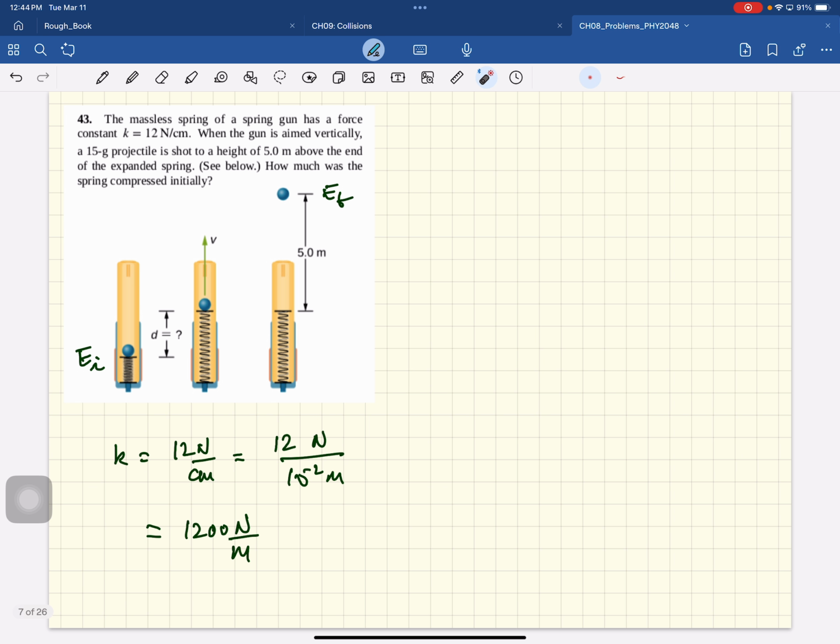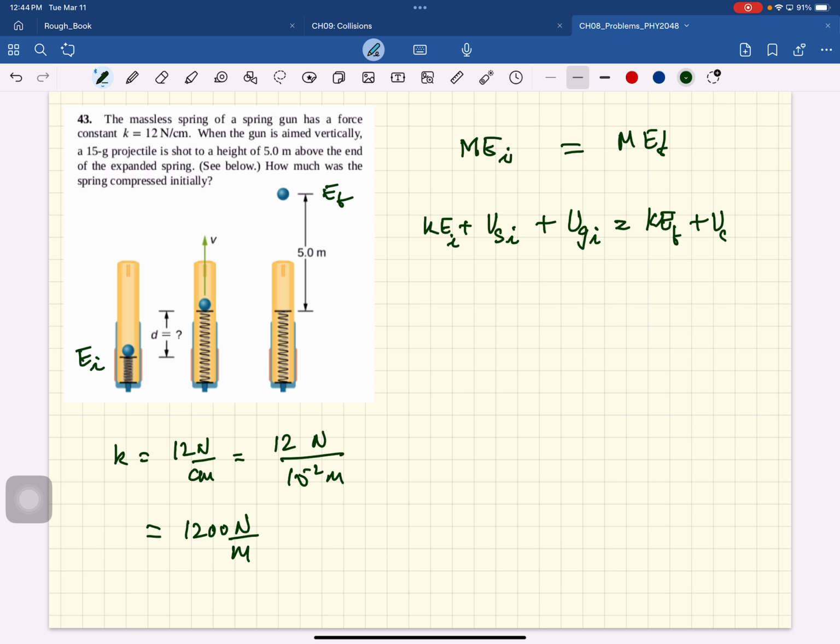So in this problem, there's no air drag or anything, so mechanical energy is conserved. Mechanical energy initial equals mechanical energy final. That is kinetic energy plus spring potential energy plus gravitational potential energy is equal to kinetic energy final plus spring potential energy final.